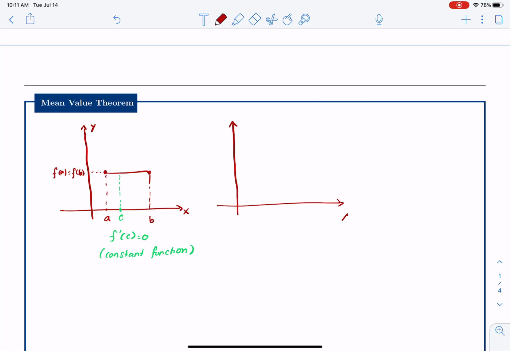Case 2. Suppose I have a function of this sort. I have a and b.